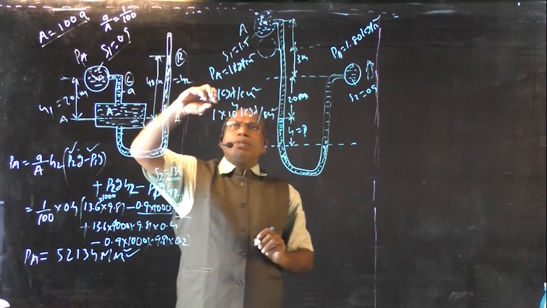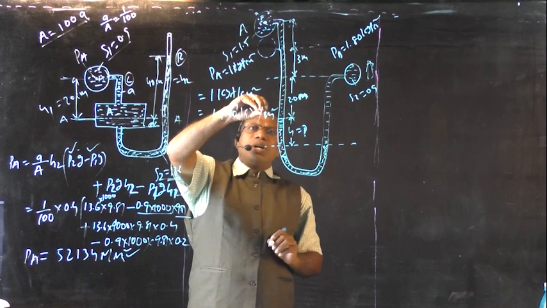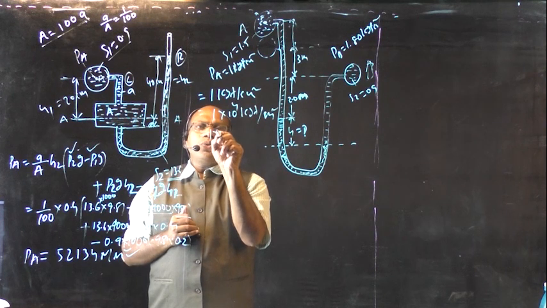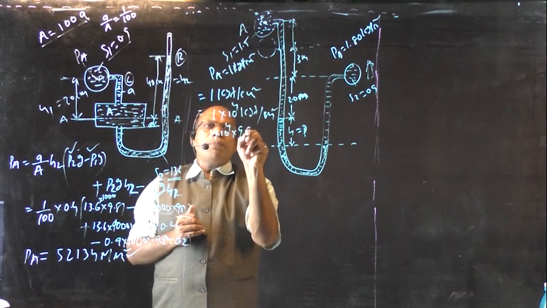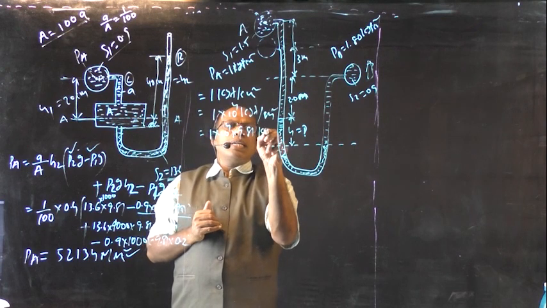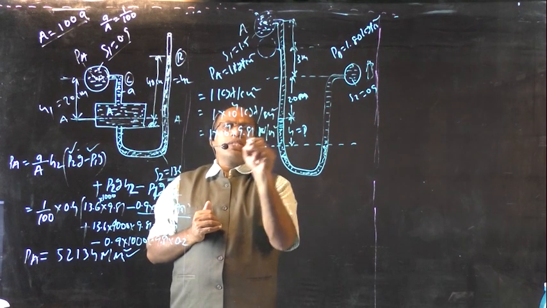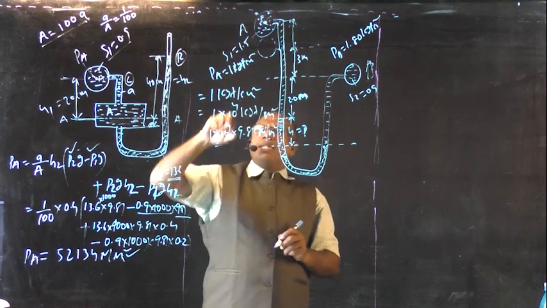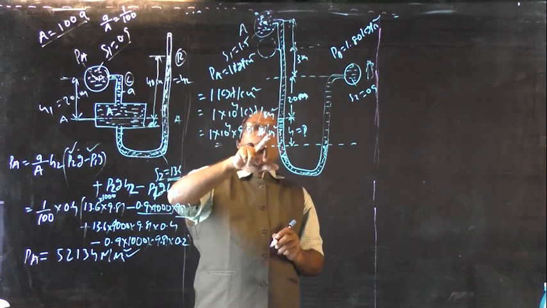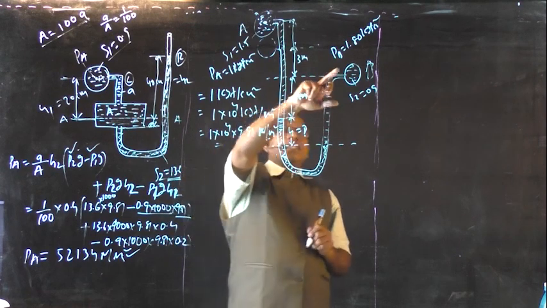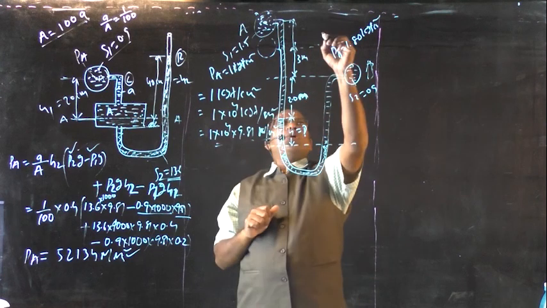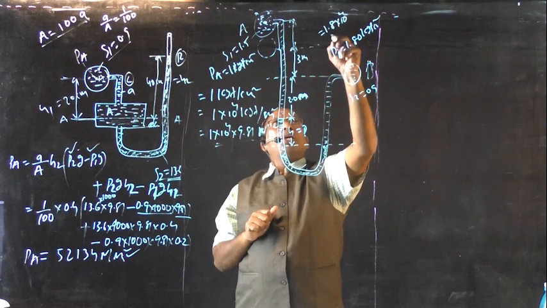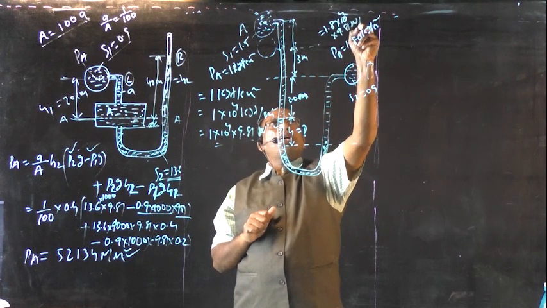This is the pressure unit in the MKS system. Now this converts into the SI system. Therefore 1 into 10 power 4 into 9.81 Newton per meter square is the pressure at pipe A. Like that, the pressure in pipe B is 1.8 into 10 power 4 into 9.81 Newton per meter square.